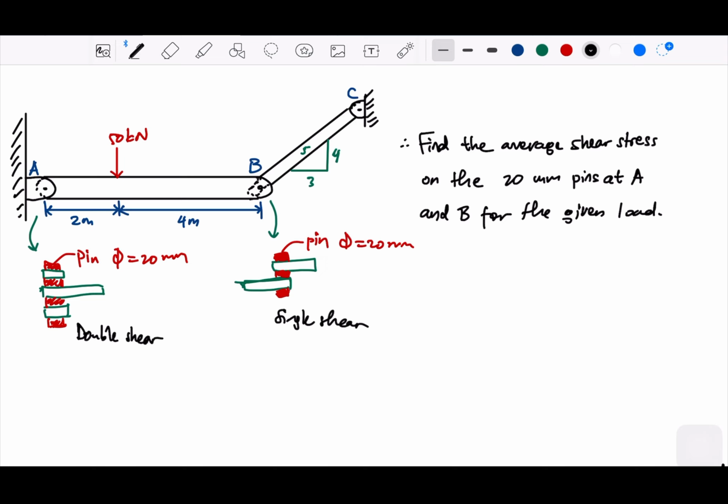Okay. And then what we want to find is the shear in this space. But can we do that directly? Can we find the shear here from all this information we have? Not yet, right? What's missing?